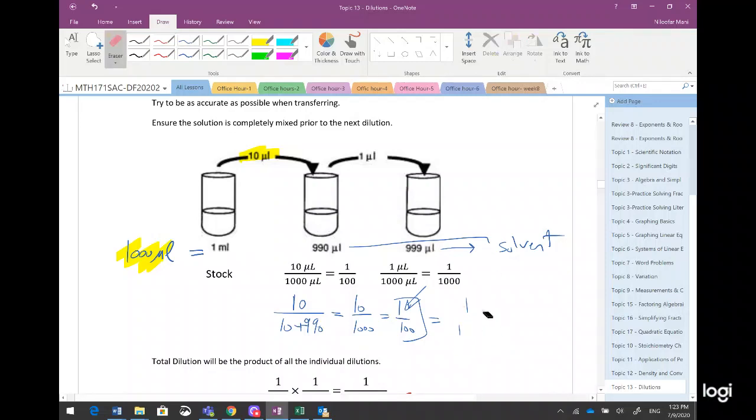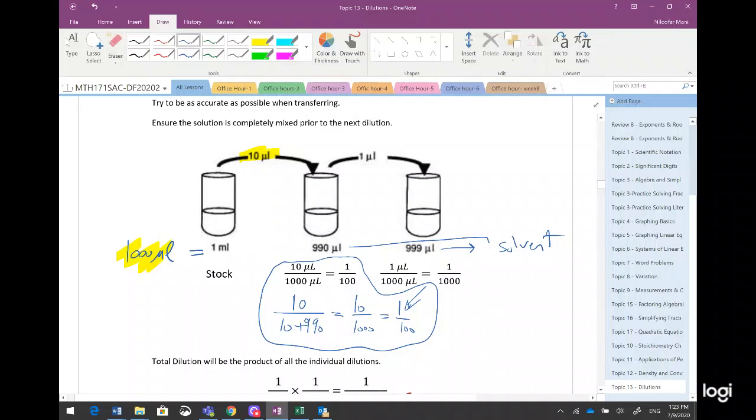So this is 1/100. Then I use 1 microliter of that, and I add 999 microliter. So it will be 1.